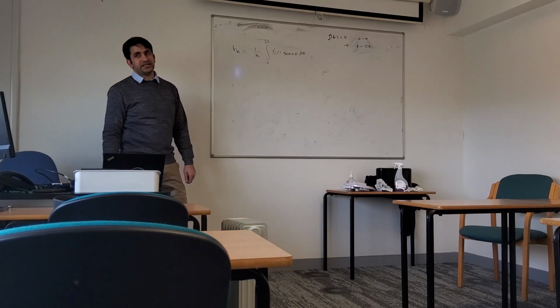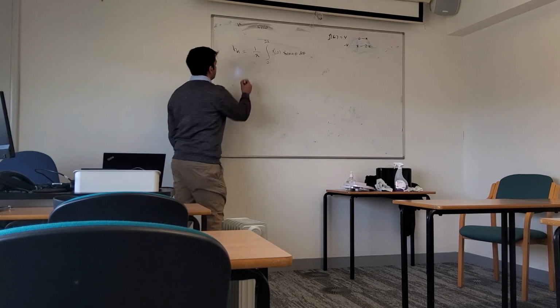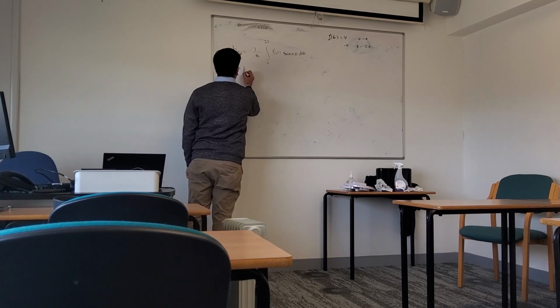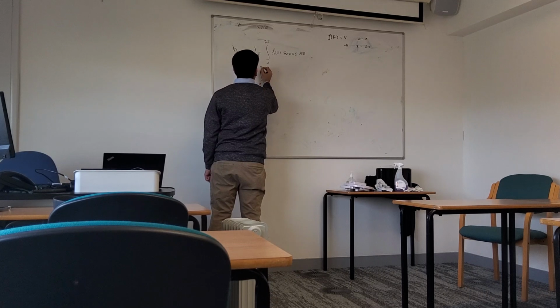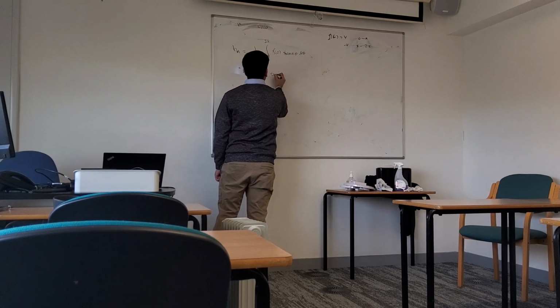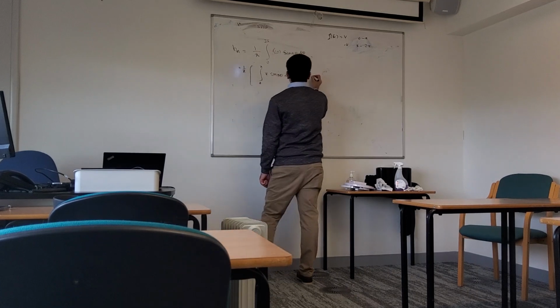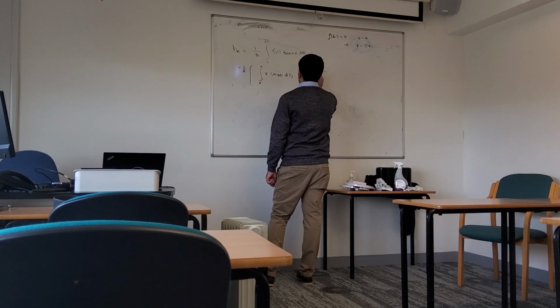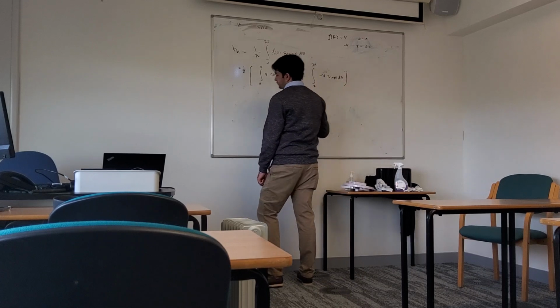Then you need to break the integration, right? So this would be 1 by pi. Inside it would be integral from 0 to pi of v sine of n theta d theta, minus integral from pi to 2 pi of v sine of n theta d theta.